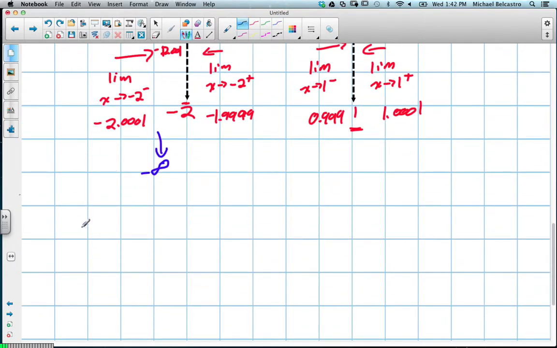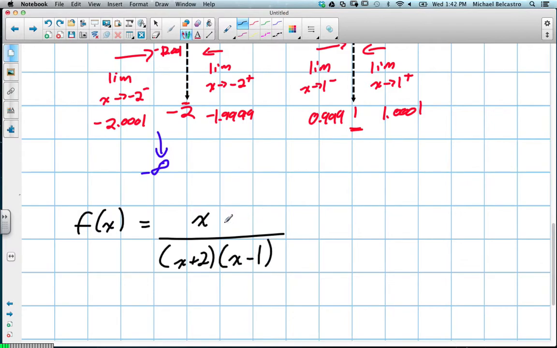Remember our f at x was equal to x over, and we'll leave it in factored form, x plus 2, x minus 1. What we're really looking for here is our positive and negative values and how large the numbers will become. So in this case, we're looking at what happens if we plug in negative 2.001.